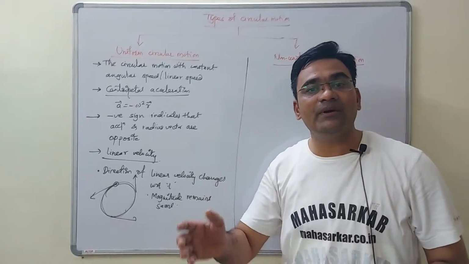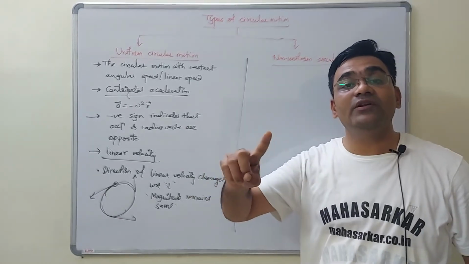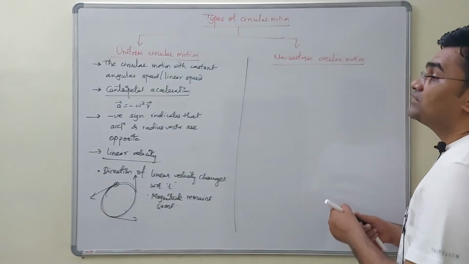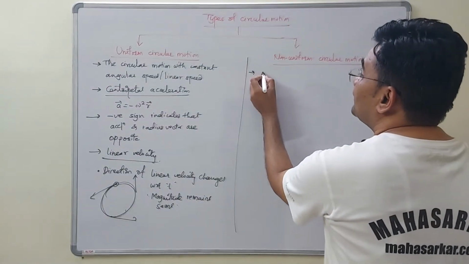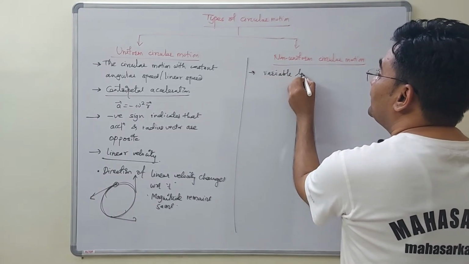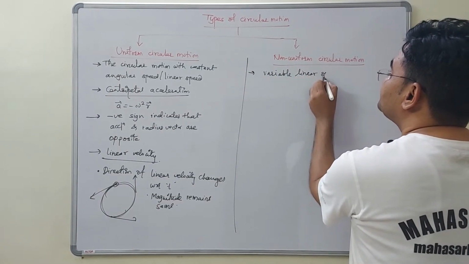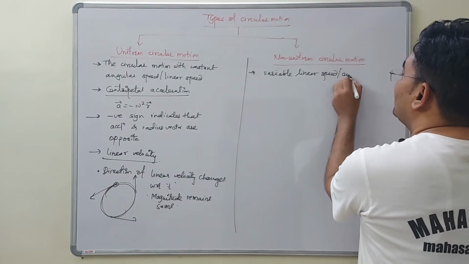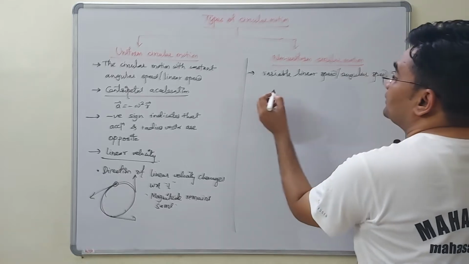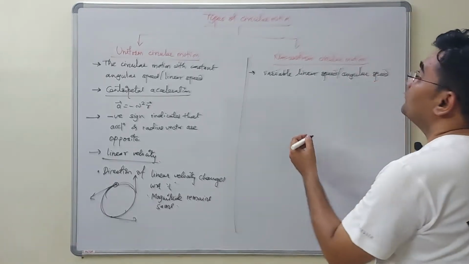Then the blades of the fan will rotate but with variable speed. So circular motion in which there is variable linear speed or angular speed is called non-uniform circular motion.